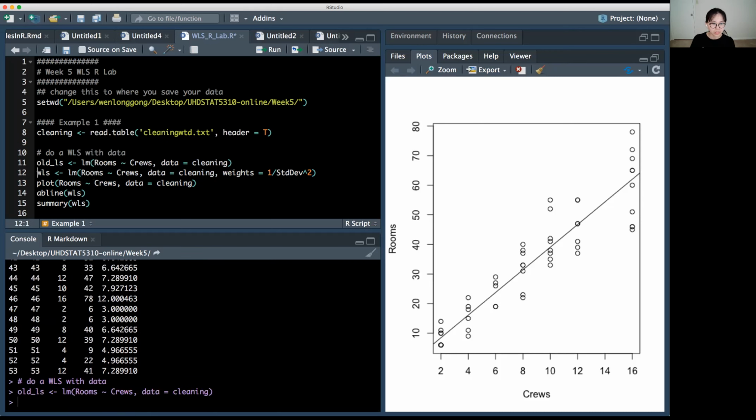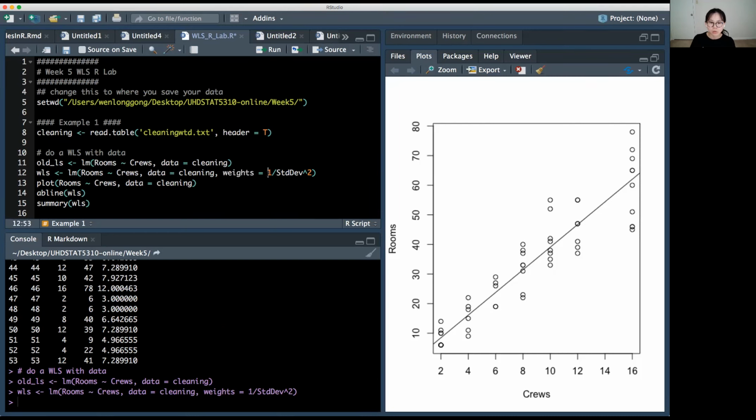This only regresses the number of rooms on the number of crew. And now we do this weighted least square model, where if you pay attention, I put the weights equal to 1 over the standard deviation squared, which is the variance of y at different values of x.